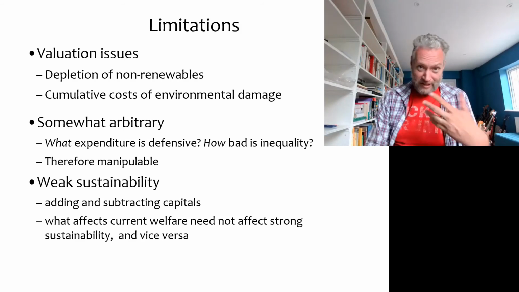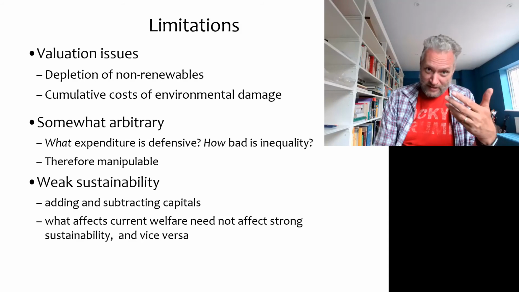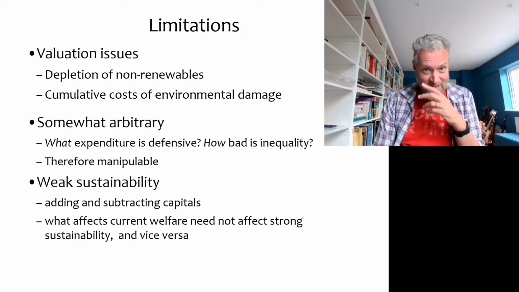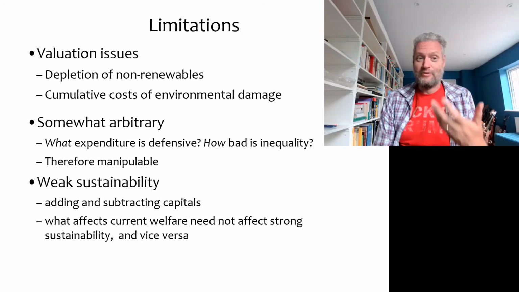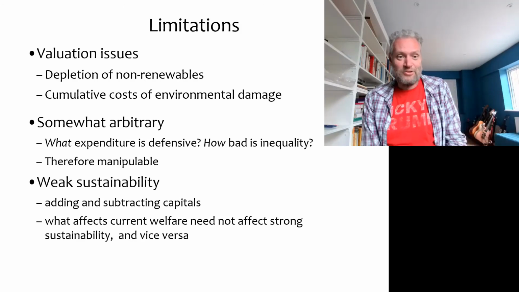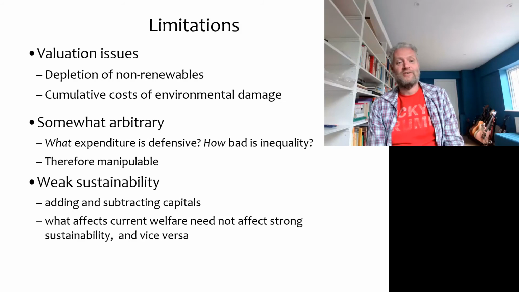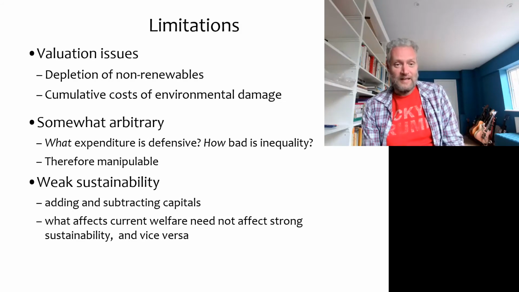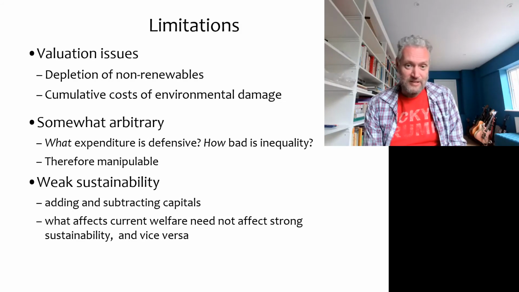Also, if you're destroying nature, that should be included. If species go extinct, if forests get cut down, that needs to be included. And previously we talked about the issues with monetary valuation of these things, that they are plentiful and it's hard to get these numbers right.